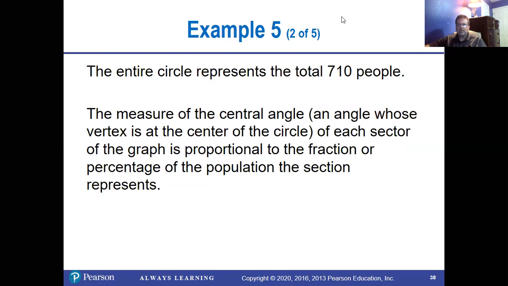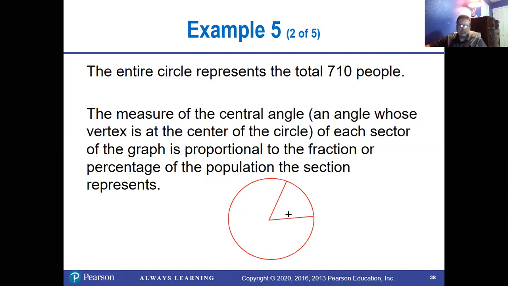Okay, so let's see here. If we take a circle, there's your circle, right? Now the central angle comes from taking this to the center, and then there to there.